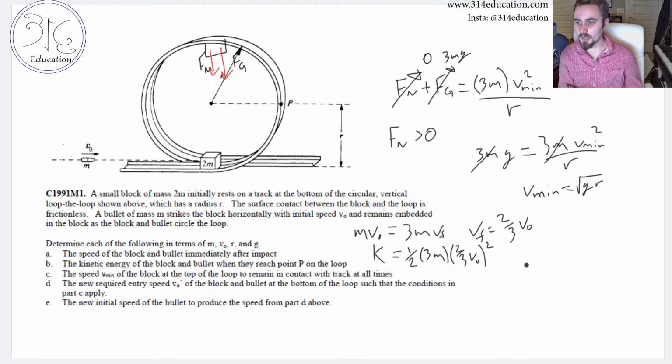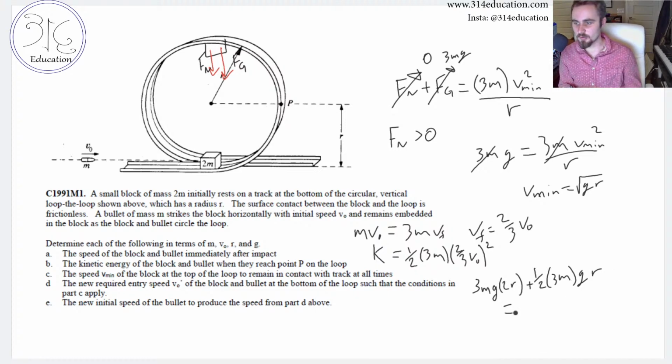At the top, we have a potential energy of 3mgh, where our h is 2r. And we'll also have a kinetic energy 1/2 times 3m v squared, and that's that v min. So we're going to write this as the square root of gr squared, which is just gr. Cool.